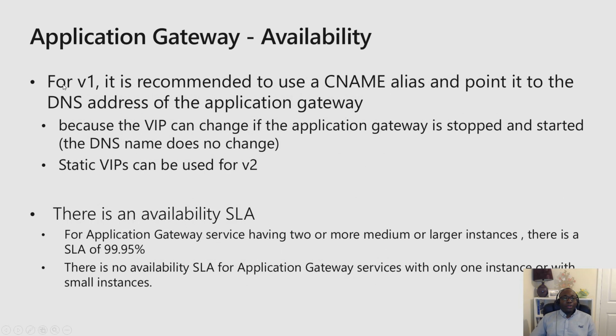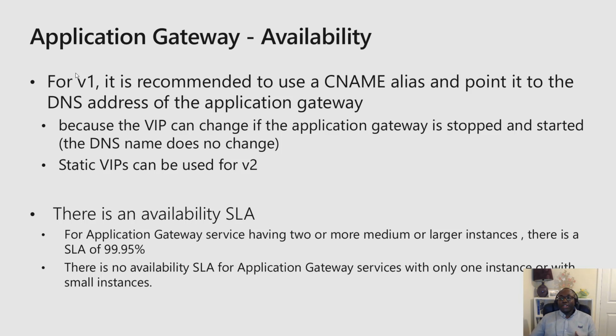When it comes to the public IP address that's associated with the application gateway, or essentially the endpoint IP address associated with the application gateway, for version 1, that can be dynamic. So if the application gateway for some reason restarts, or stops and is started again, the DNS name can change. But again, that's very easy to get around.